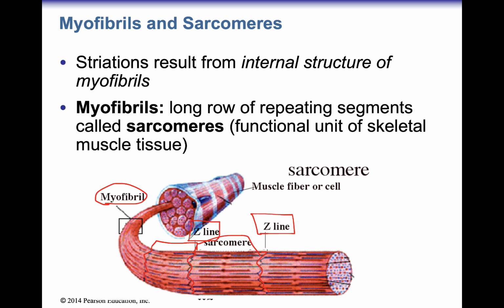So kind of easy to remember for you. They're called Z-lines, and they run from sarcomere to sarcomere. So this one unit from Z-line to Z-line is called a sarcomere. That sarcomere is the functional unit of skeletal muscle. So we're going to look at how that sarcomere actually works to make your muscle shorten and generate force.